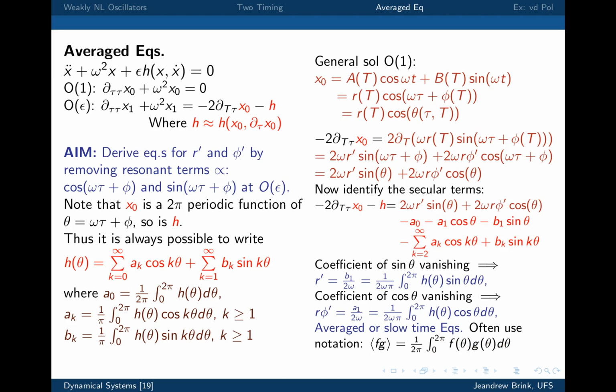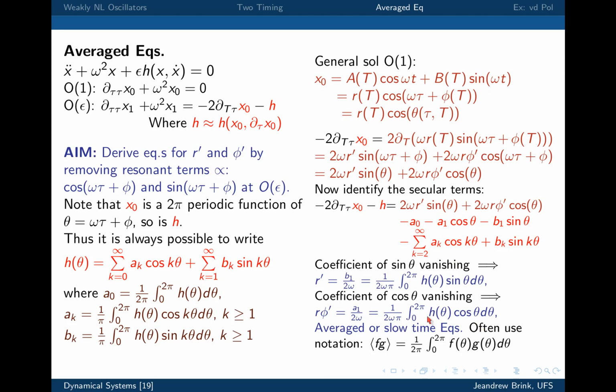Okay, so we now have these equations. How do they work? We've derived them using this two-timing approximation, and then just the extra trick that h is a periodic function because x0 is effectively a periodic function.